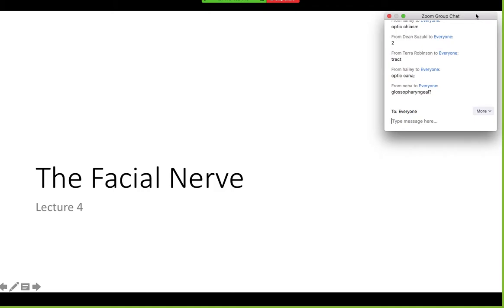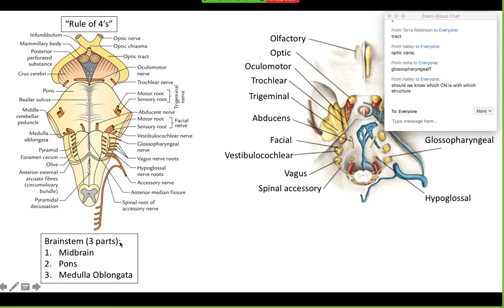Now let's get to the facial nerve here. Is with which structure? Do you mean with which blood vessel, or where it's exiting? Oh, I mean, yes and no. If you know where cranial nerve 7 is, you're going to know that it's between the pons and the midbrain, but they're not going to specifically ask you, does cranial nerve 7 arise from the pons?